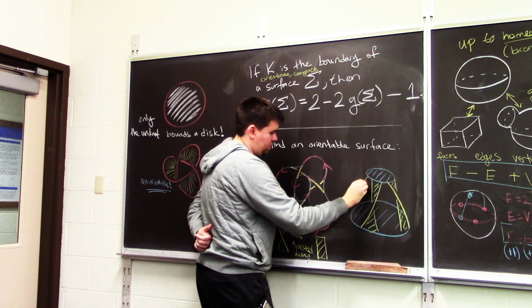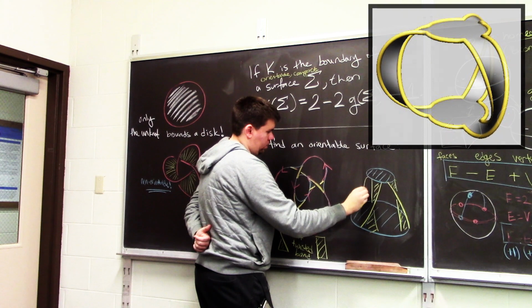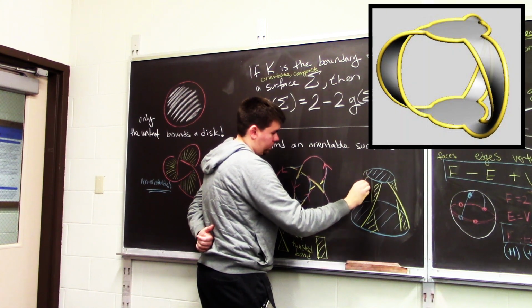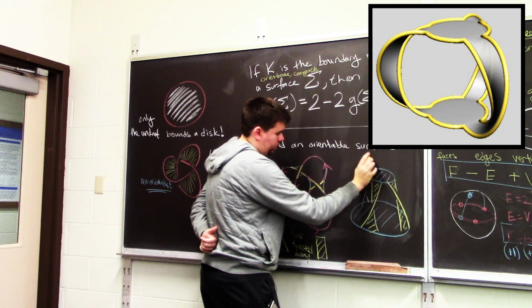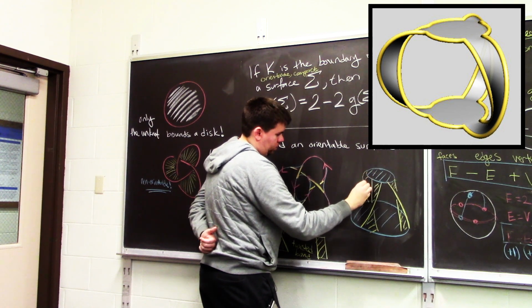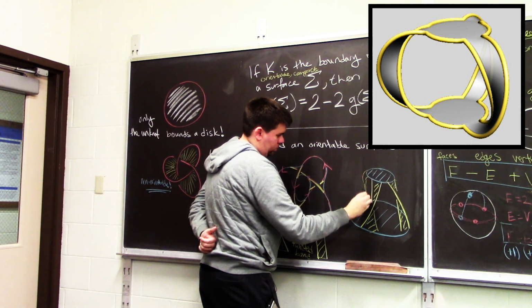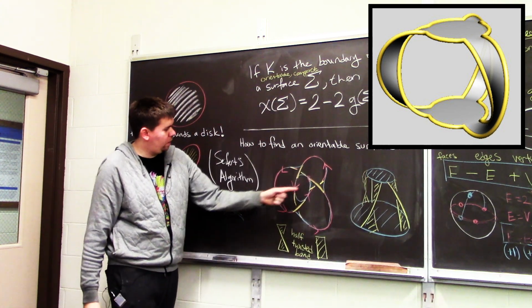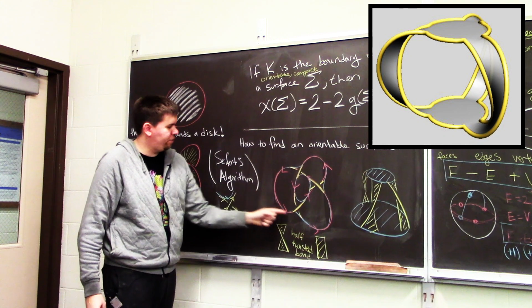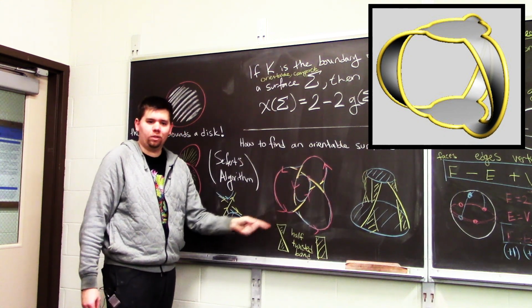So maybe he looks something like that, except there's only one half twist. Something like that. So you have a disk on top of another disk with 3 bands attached.